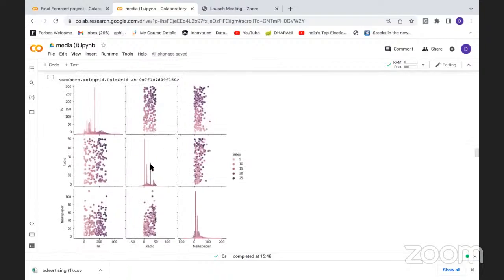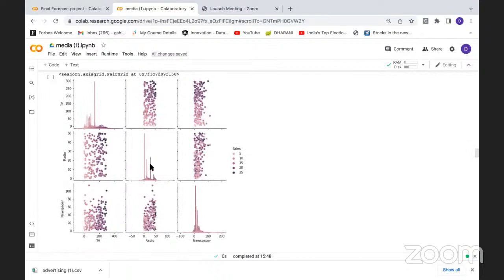With respect to hue, what is the effect? If you observe, these are very, very low, but yes, TV is very good with respect to the sales. Most of the points are darker, right? Very dark means 25 sales happened, very light means 5 sales happened.